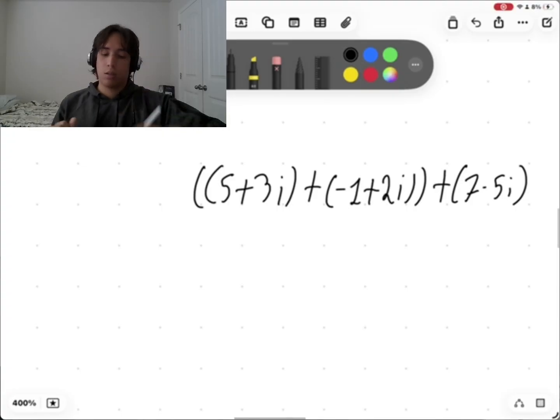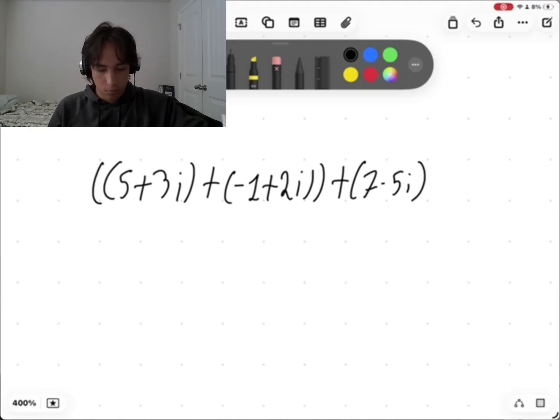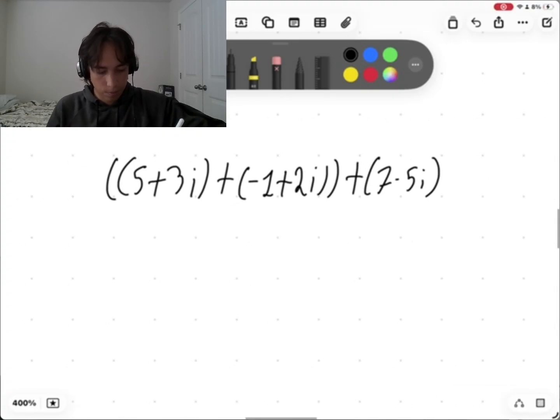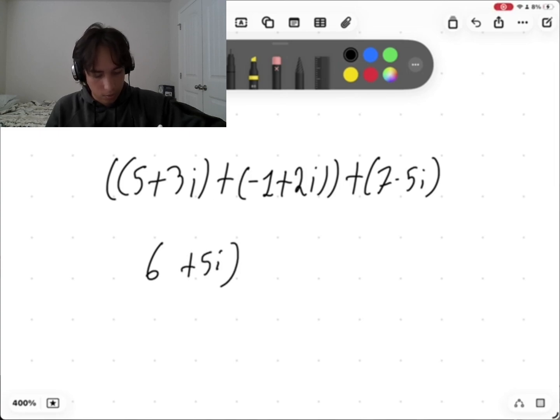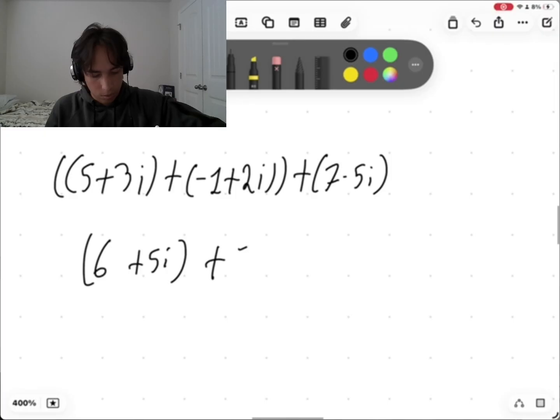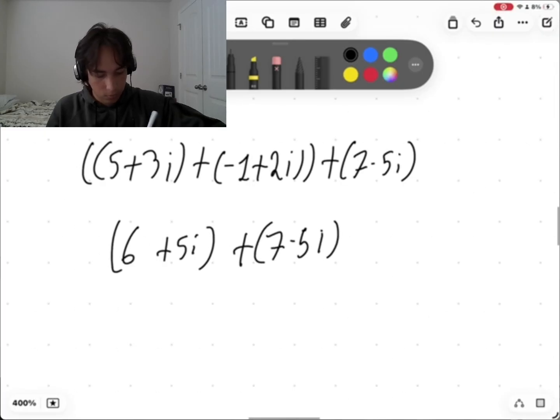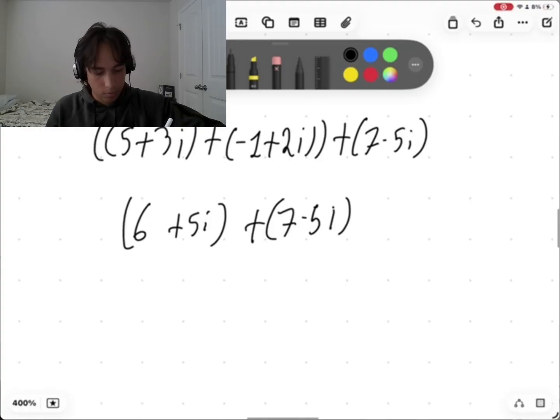Here, if we use PEMDAS, it's gonna give us the same. So it's gonna be 6 plus 5i plus 7 minus 5i. 6... it's 4.